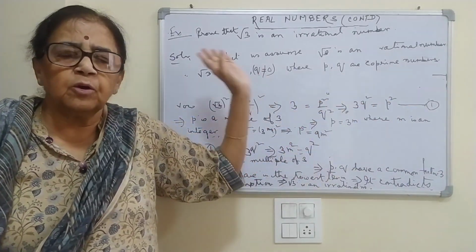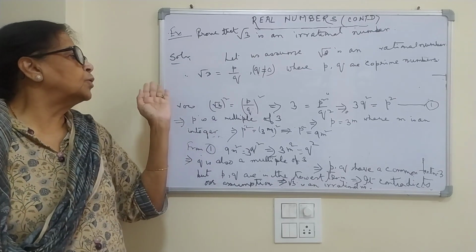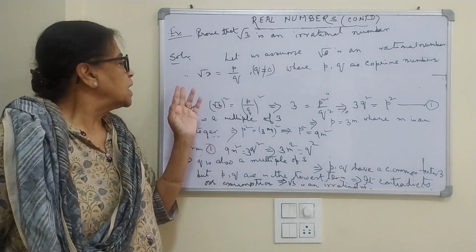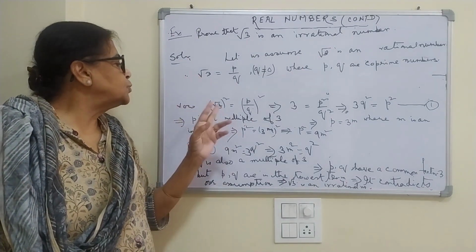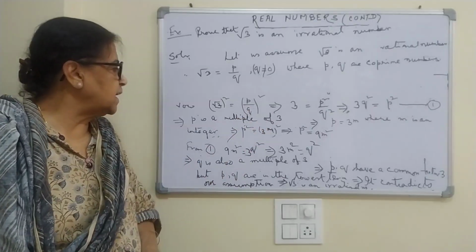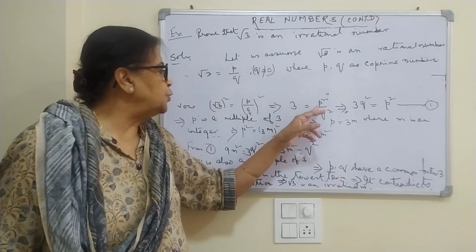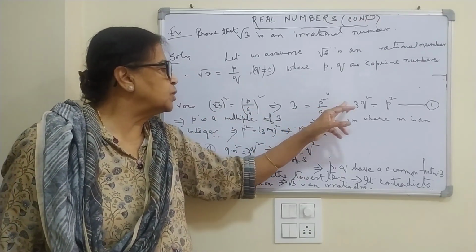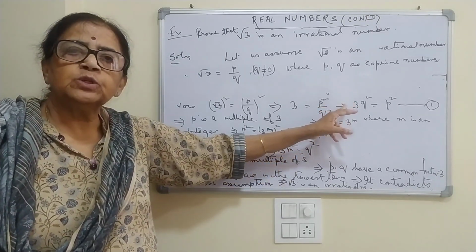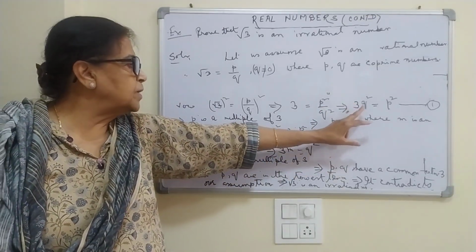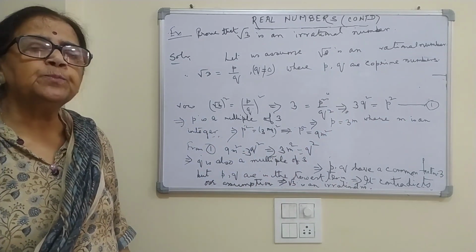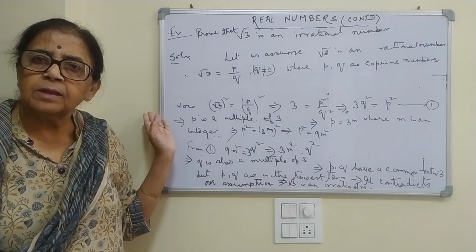Earlier in the theorem I told you about co-prime. So they are co-prime numbers. Therefore, I square both the sides, then I get 3 is equal to P square by Q square, so 3Q square is equal to P square, which implies P is a multiple of 3.